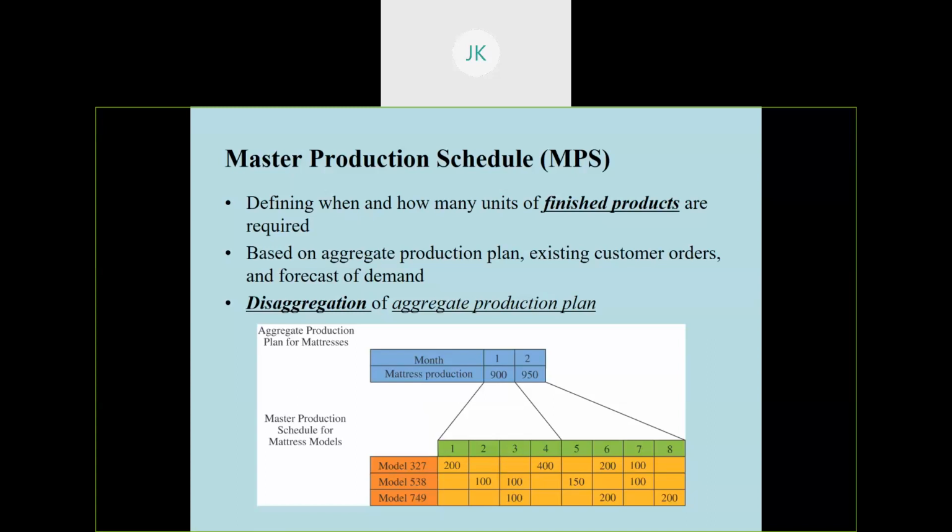So this MPS is developed from the intermediate aggregate production plan, which focuses on total collection, like a weekly and monthly plan, and then this one is the MPS.